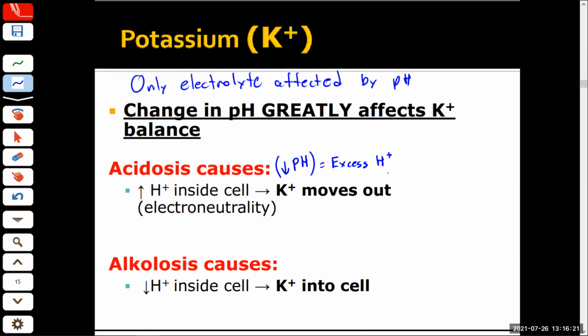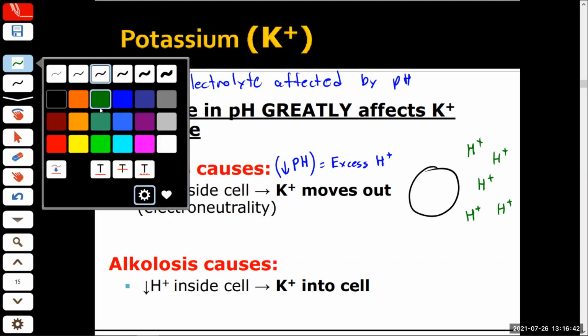I have excess protons. So what this kind of looks like, here's your cell. If I am acidic, that means I got a lot of protons in the blood. Okay, those are just hydrogen ions. Where does potassium like to live? Inside the cell.